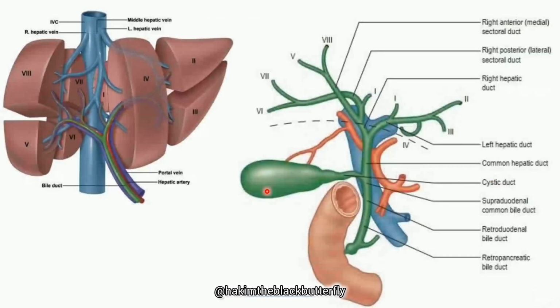As we have seen here, the common hepatic duct runs for a short distance and then later is joined by the cystic duct on its right lateral side. Once these two join, we form the common bile duct, which will join with the pancreatic duct to form the hepatoduodenal ampulla, which will pierce the wall of the second part of the duodenum.